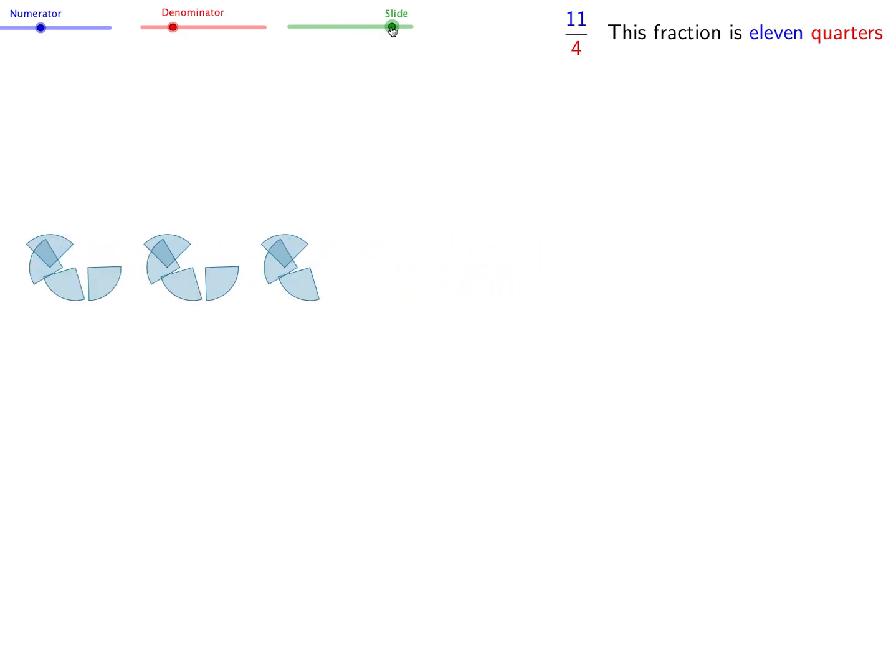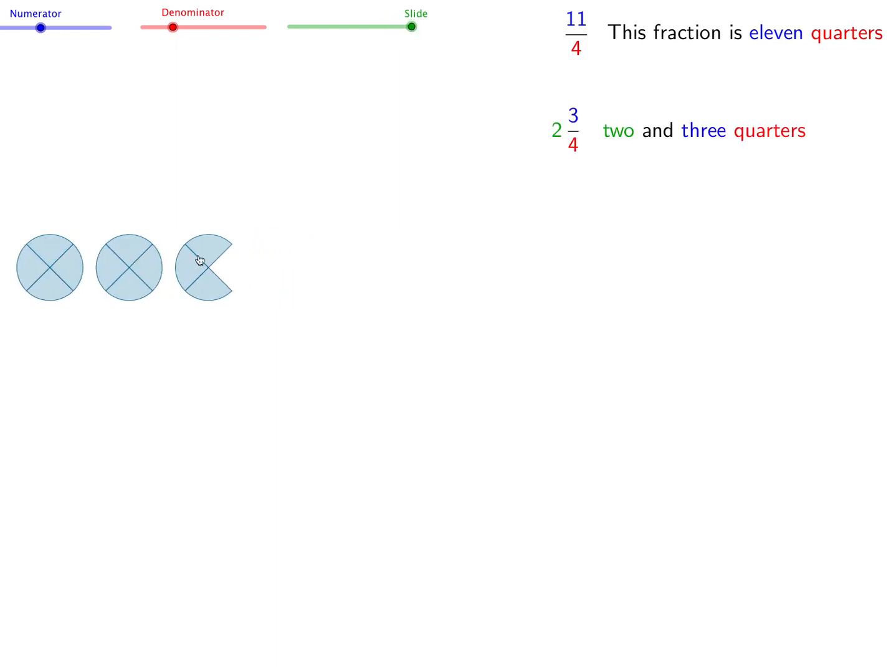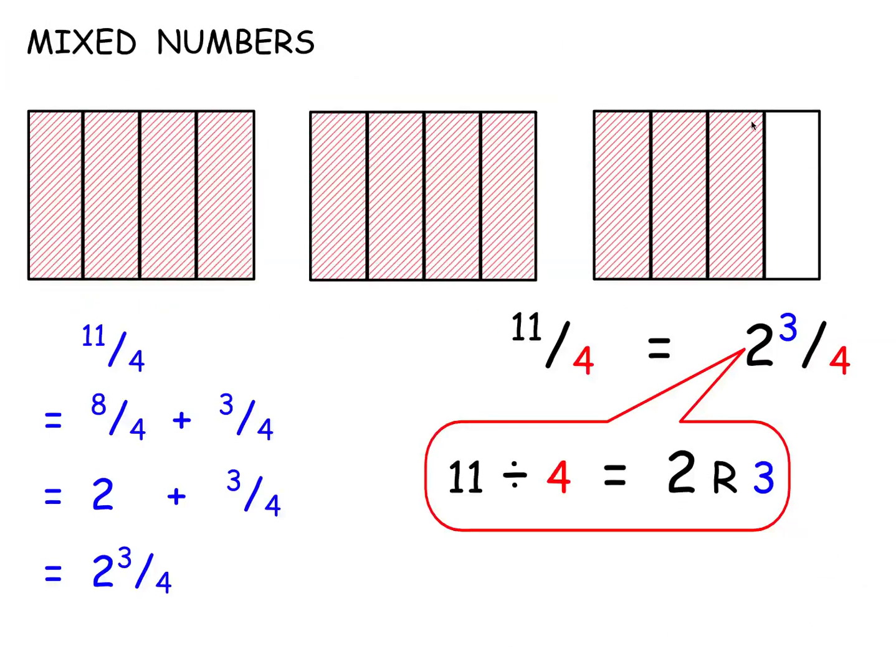So 8 of them go together, 2 lots of 4, and then there's 3 quarters left over, 2 3/4. So it's the 8 quarters that make up the 2, and there's 3 quarters left over. So that's just necessary for multiplying and dividing fractions.